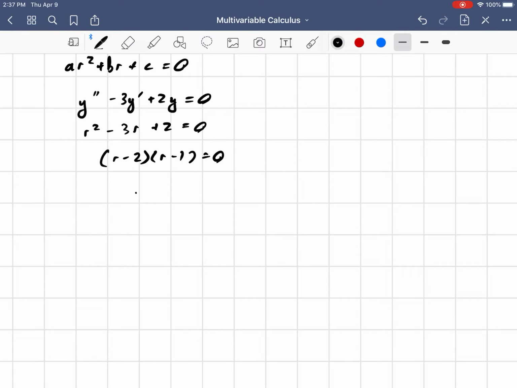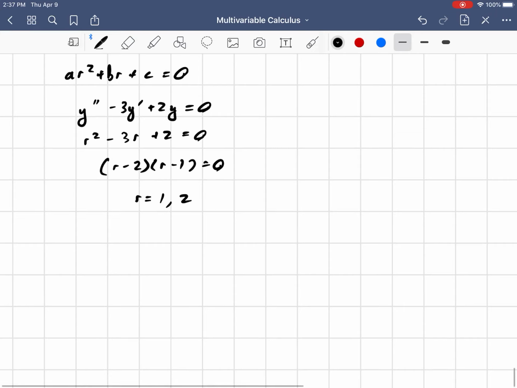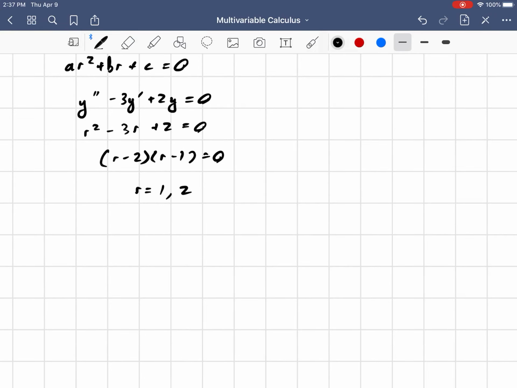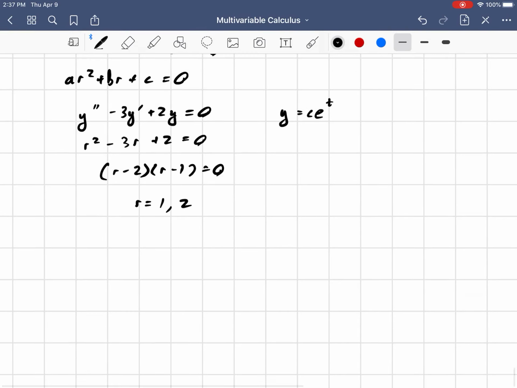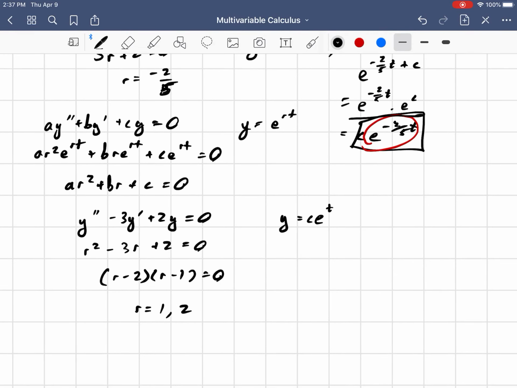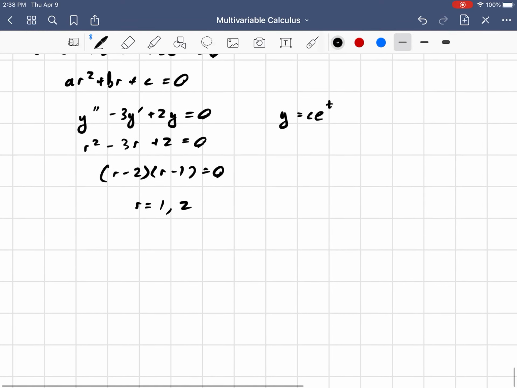So this factors into r minus 2 times r minus 1 equals 0, so r is equal to 1 or 2. So this means that y equals e to the t is a solution, and we could have c e to the t, right?